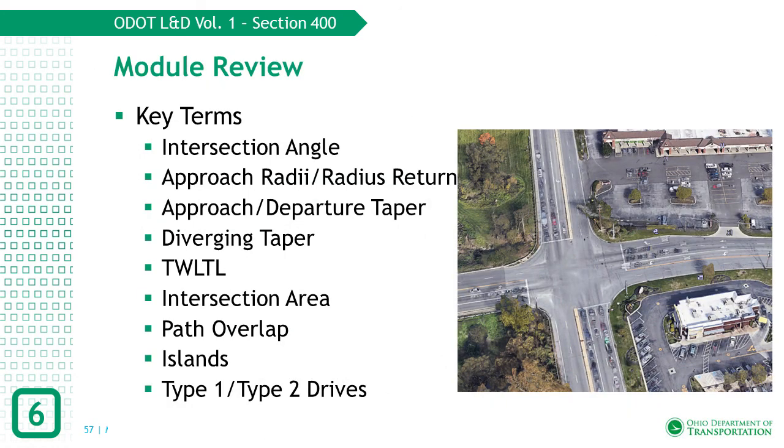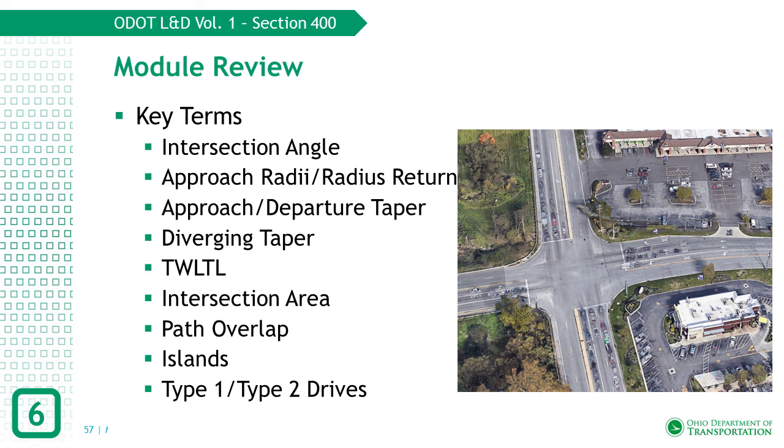This module discussed several terms associated with intersection design shown here. Intersections are the locations that offer the most conflicts between multiple users. As a result, to maximize the safety and operations of the intersection area, good engineering practices such as maximizing sight distance, improving sight lines around turning vehicles, and avoiding path overlap between adjacent and opposing turning vehicles need to be utilized when designing intersections.